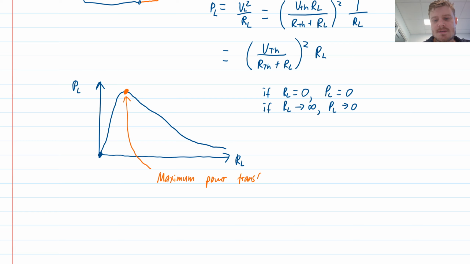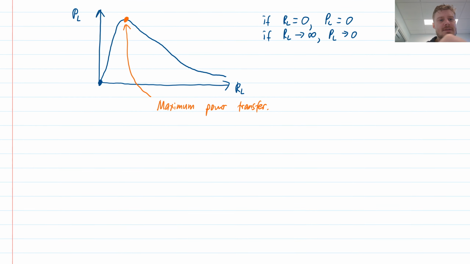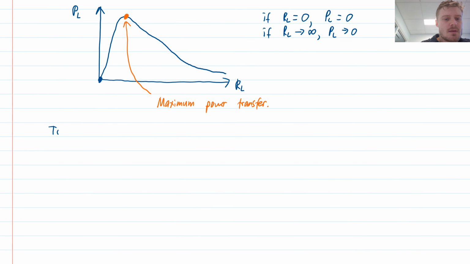So how can we discover the condition for when maximum power transfer occurs? Well, I would like to find the maximum of this expression here. So to find the maximum, here's what I would do.